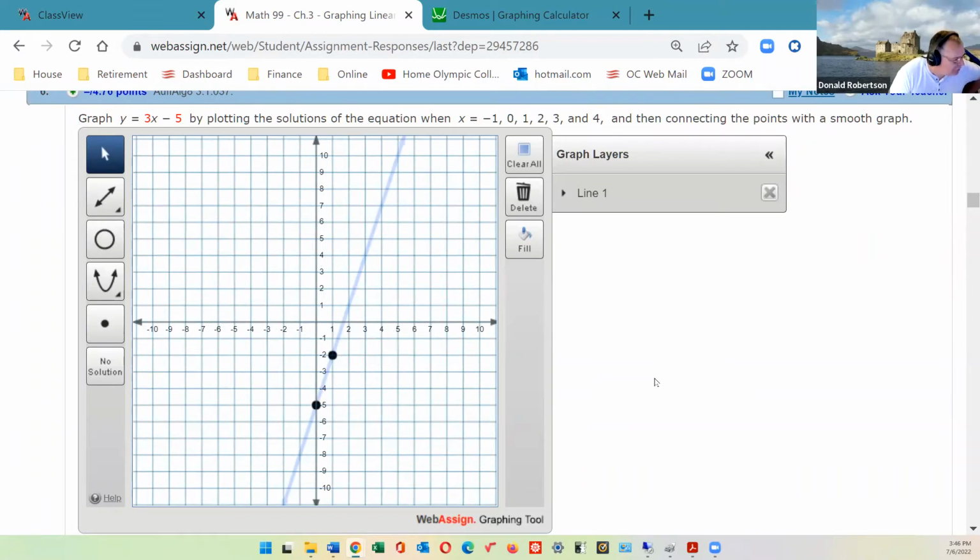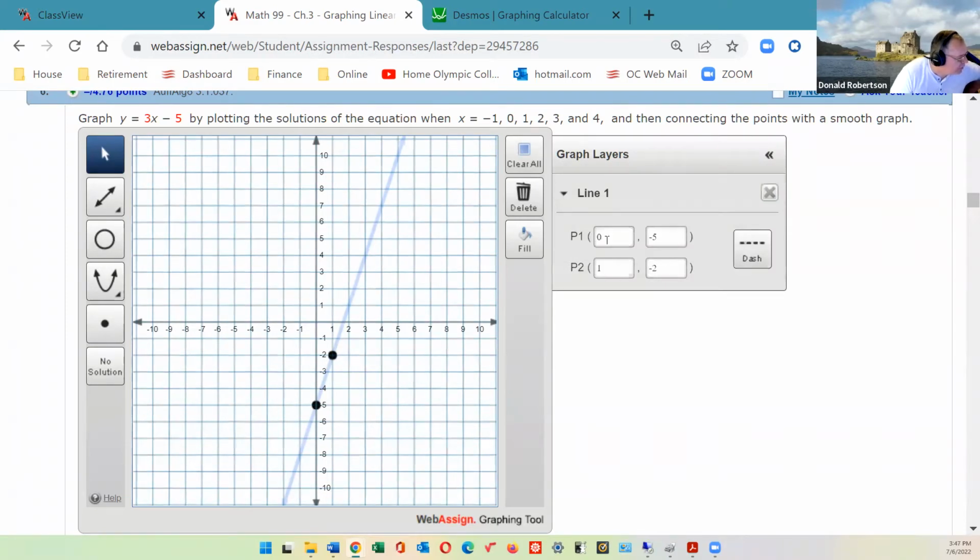Now, sometimes you don't always get to plot the point perfectly. So if you click on line 1, there we go. 0, negative 5, 1, negative 2. Can you imagine that there might be a case where this number is a little bit awkward? Maybe it's 4/3. See if that works. Okay. Negative 4 point, lots of 3s there.